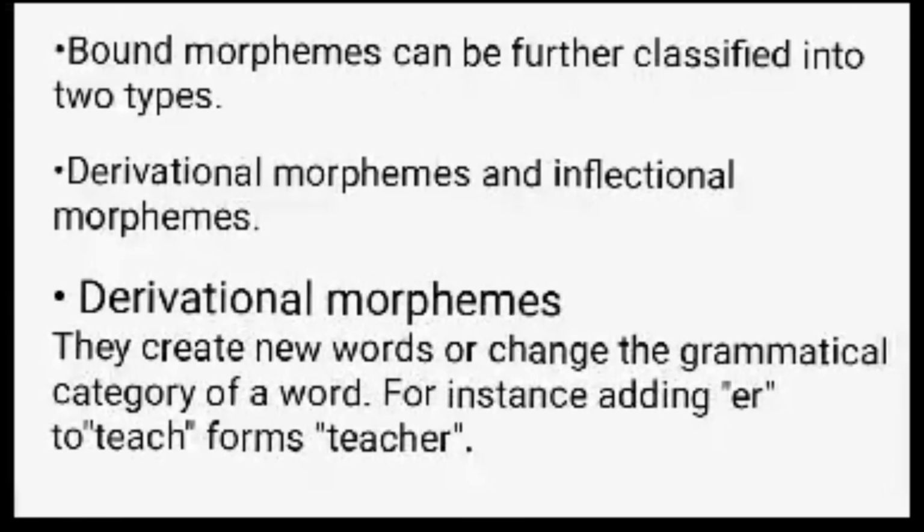Bound morphemes can be further classified into two types: derivational morphemes and inflectional morphemes. So, derivational morphemes create new words or change the grammatical category of a word. For instance, adding er to teach forms teacher. It means they create a new word and change the grammatical category.